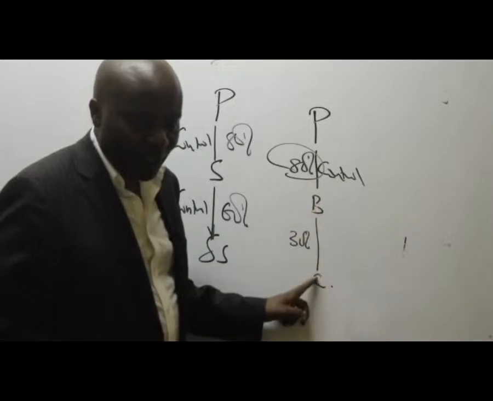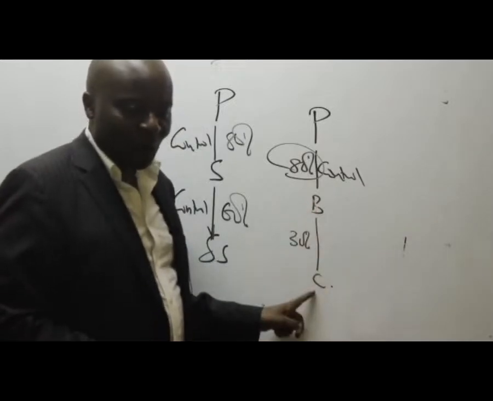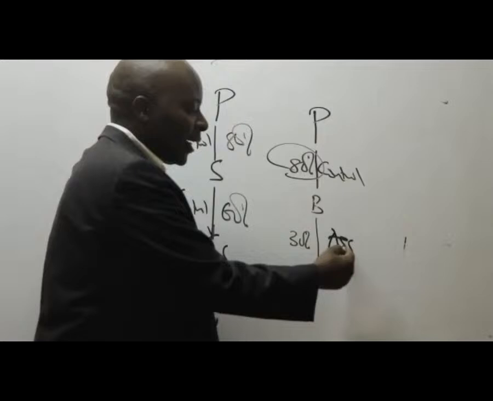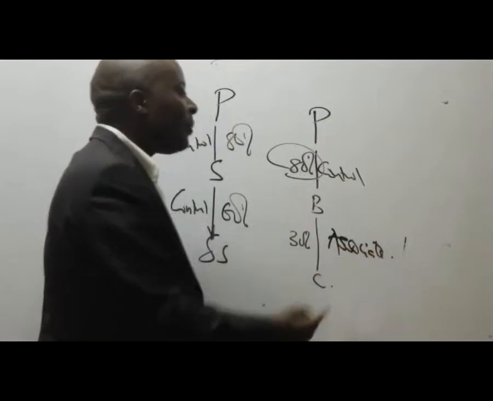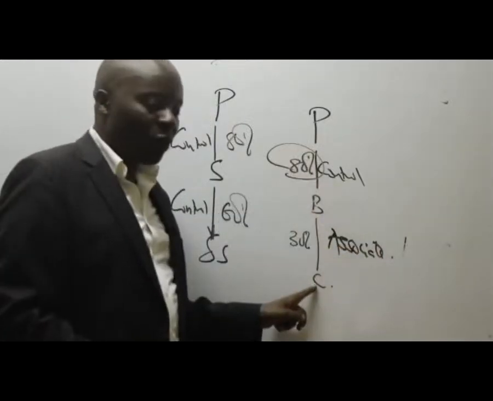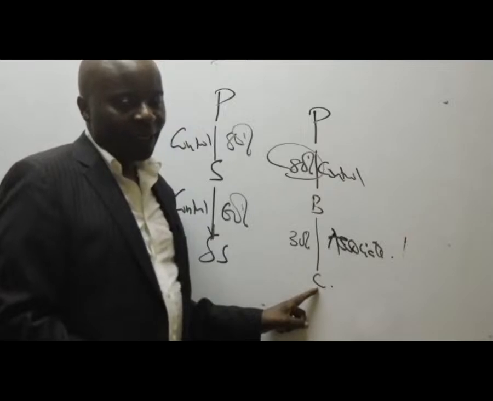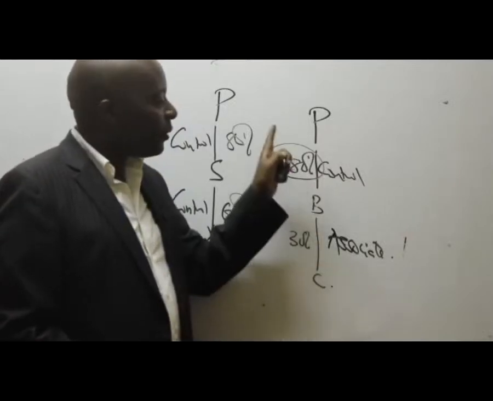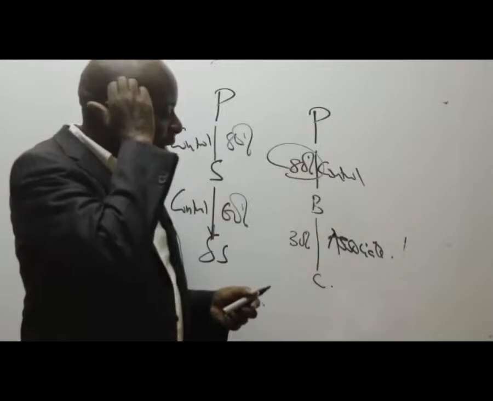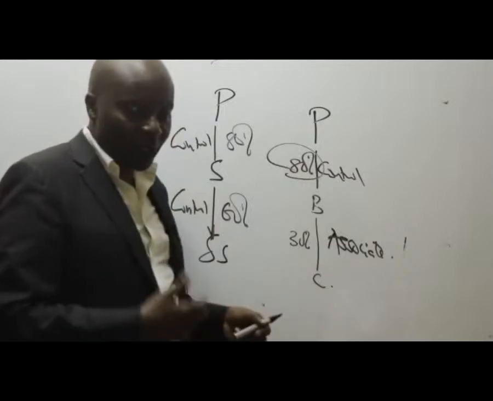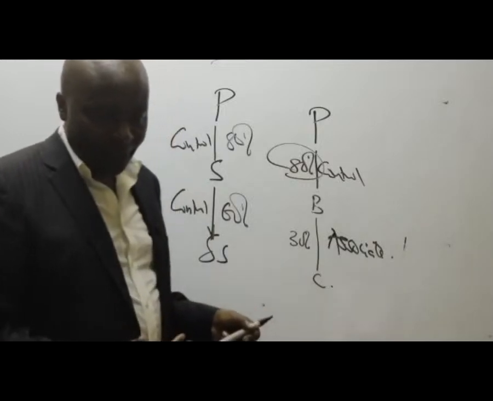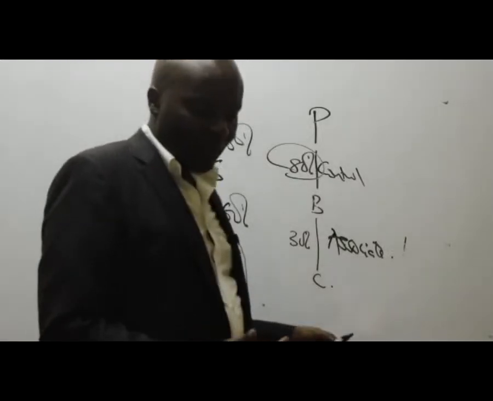How about this one? Is there control? No control. So this becomes an associate. There is no way you'll tell me that P has control over C, because C is an associate, right?